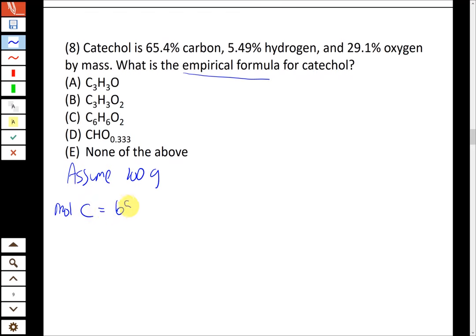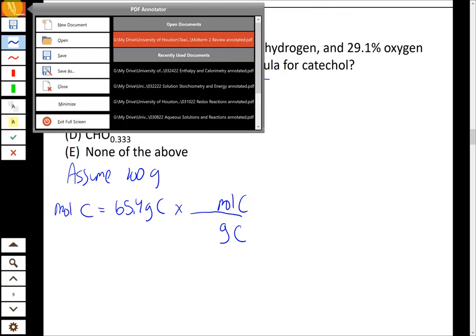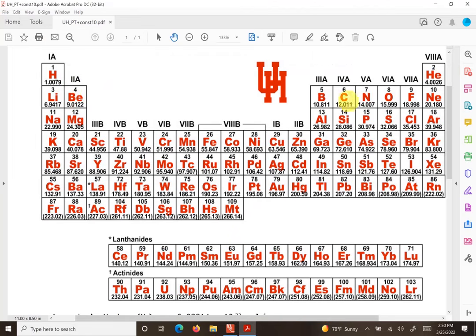We assume that we have 65.4 grams of carbon. For each of these we just need the atomic masses to convert grams into moles, because the atomic mass from the periodic table is the number of grams of that element per mole. For carbon it's 12.01, hydrogen is 1.01, and oxygen is 16. Those are the three that we need.